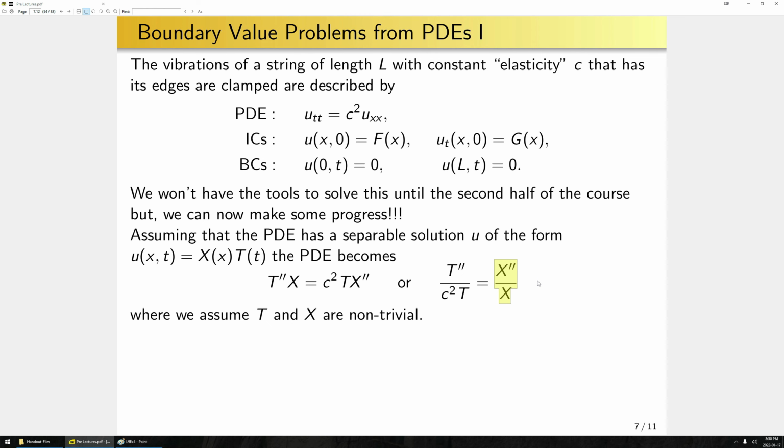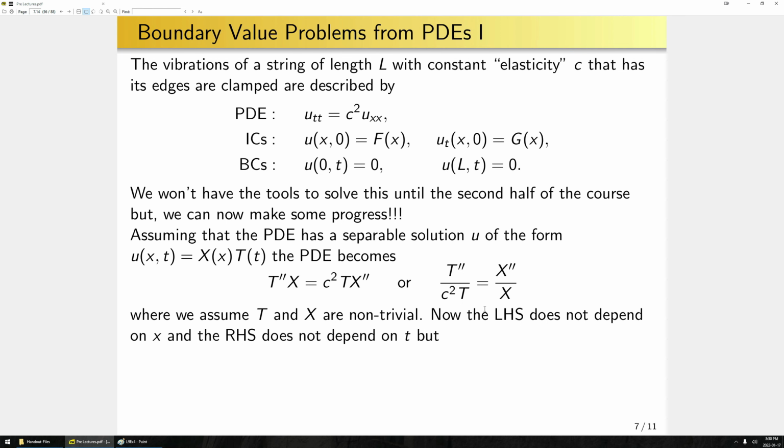So instead, we have to notice something that is a little bit clever to see. This thing here, the left-hand side, does not depend on x. It only is a function of time. And the right-hand side does not depend on t. It is only a function of x. But they are equal. So what is this really telling me? It means that my differential equation looks like some big function of t is equal to some big function of x.